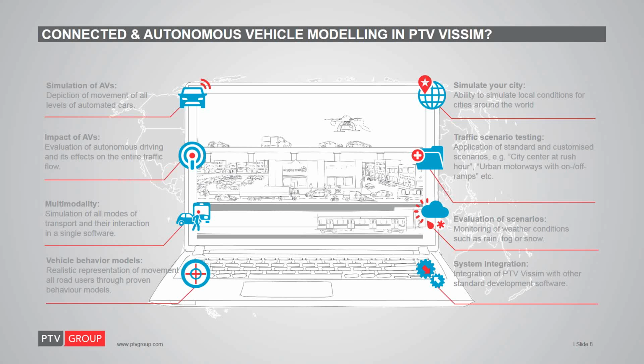And we can do that across different modes and in a variety of different locations as well. So we can virtually replicate the traffic conditions of any road network and then evaluate the performance of those connected autonomous vehicles and autonomous vehicles, their impact on interaction with other vehicles, so non-AVs, and also the surrounding infrastructure as well.